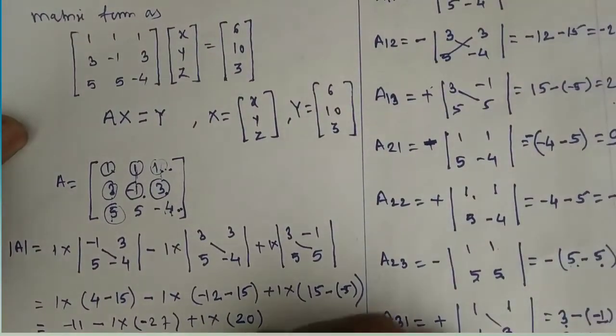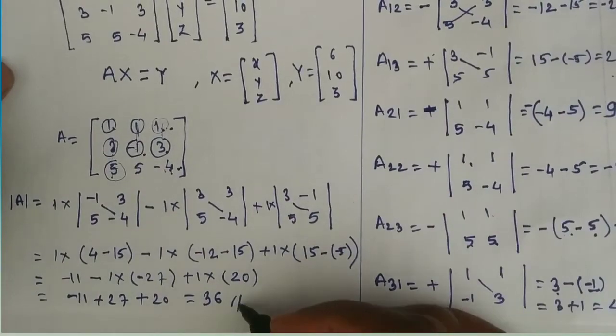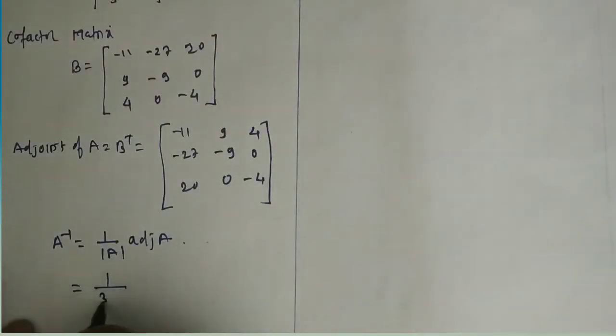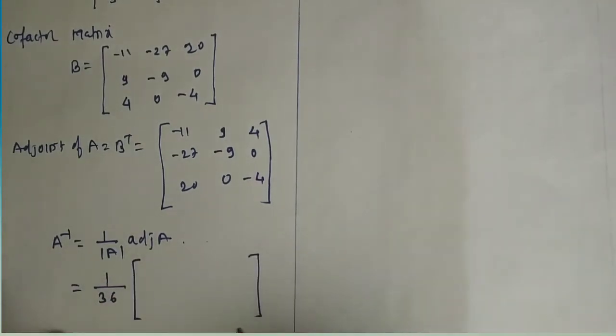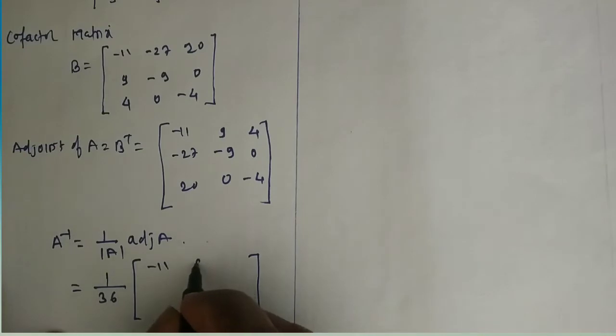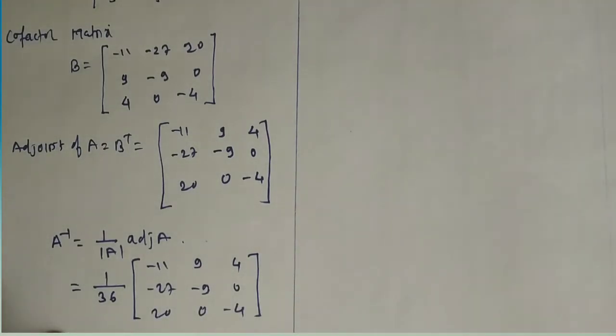In the determinant of A, I got 36 as the answer. So look at this, the determinant of A is 36. Adjoint of A, replace this as it is. So you will get minus 11, 9, 4, minus 27, minus 9, 0, 20, 0, minus 4. So this is A inverse.